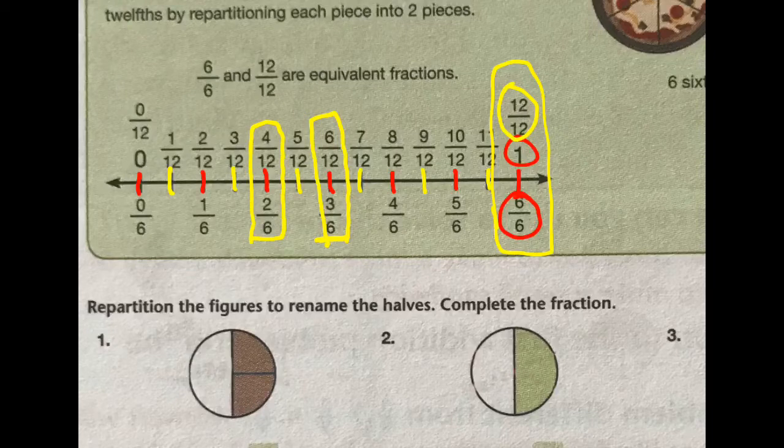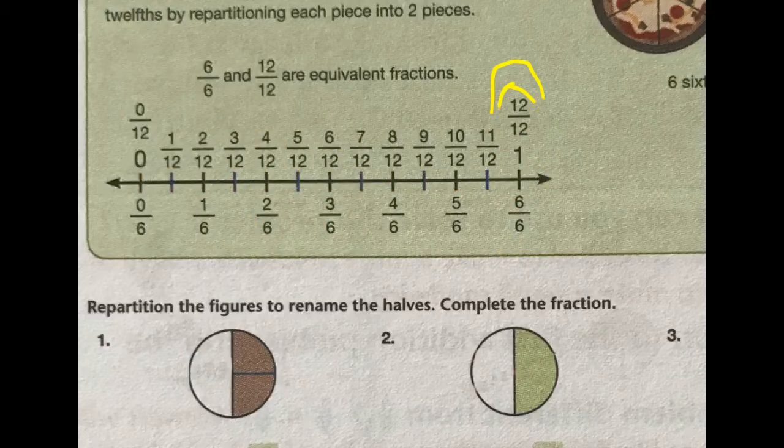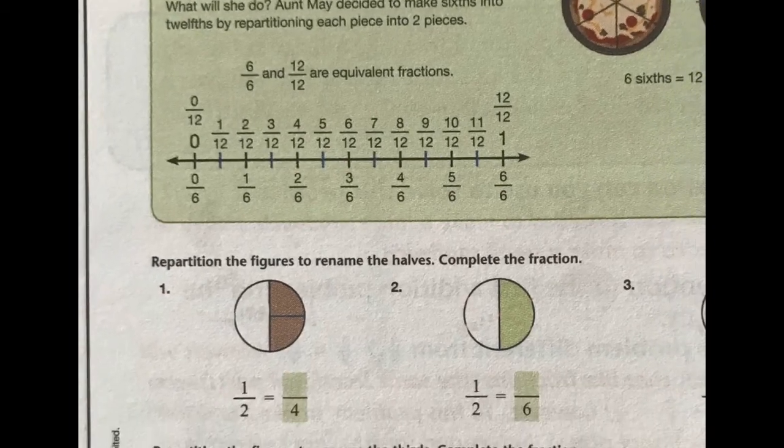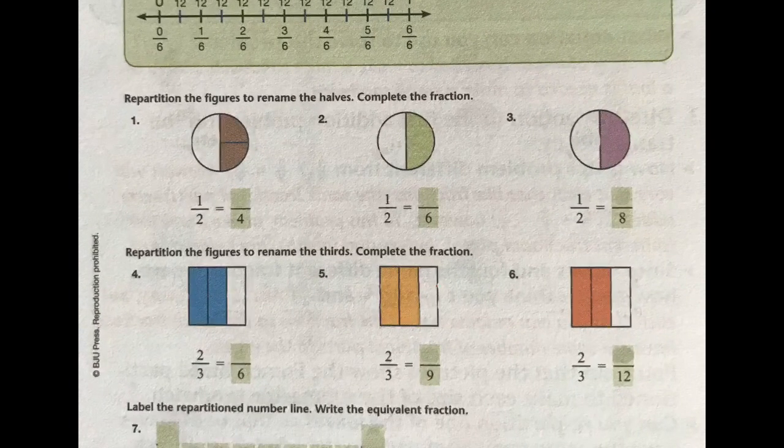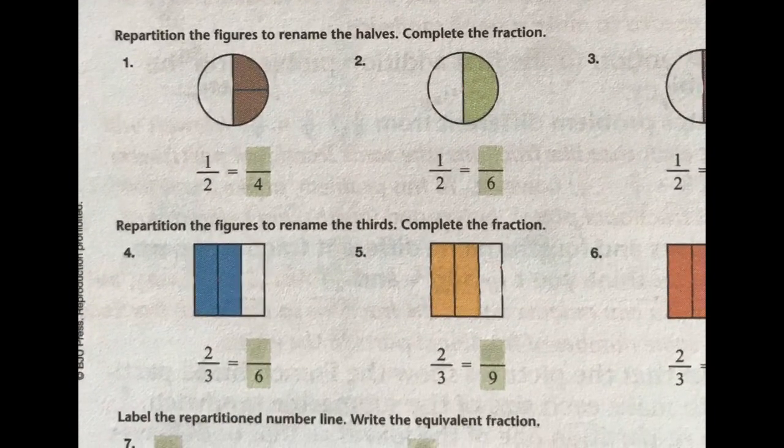All right, so let's take a look down below at number 1. We're going to repartition the figures to rename the halves. So what we need to do is, first of all, look at the figure.